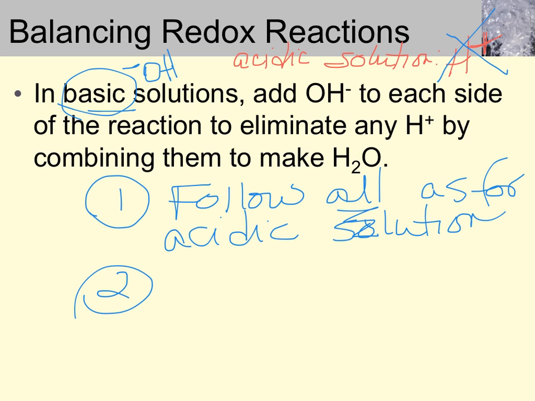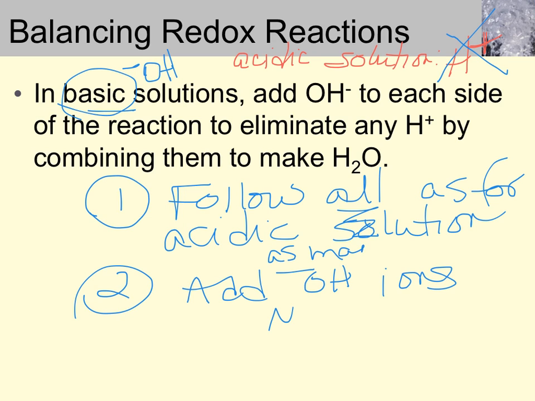Then you add OH minus ions, as many OH minus ions as you have H plus ions in order to neutralize the H plus so that you end up with water. So I think I'm going to have to show you that before it makes a lot of sense.